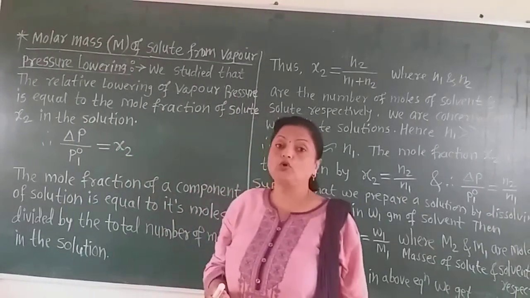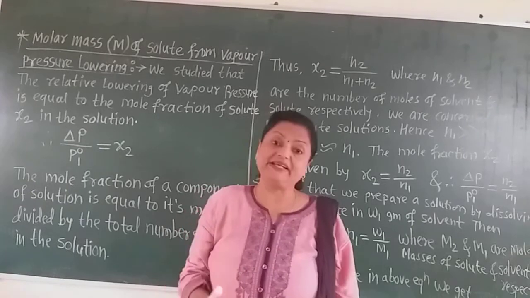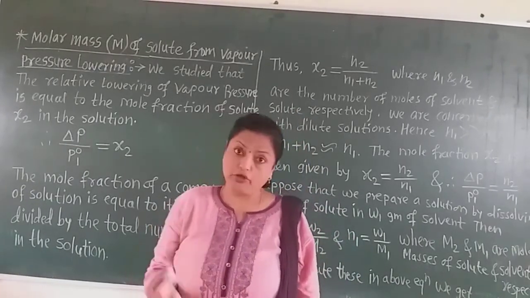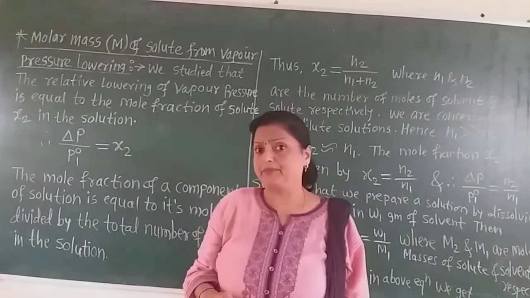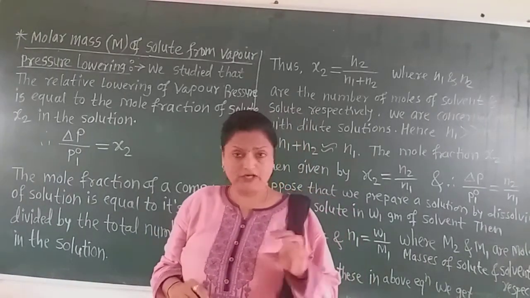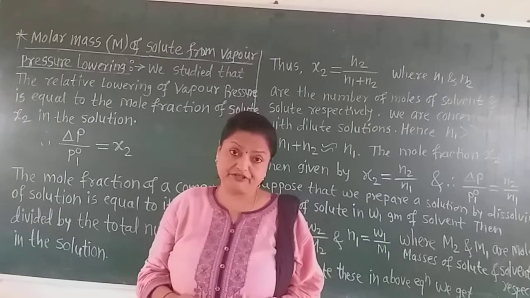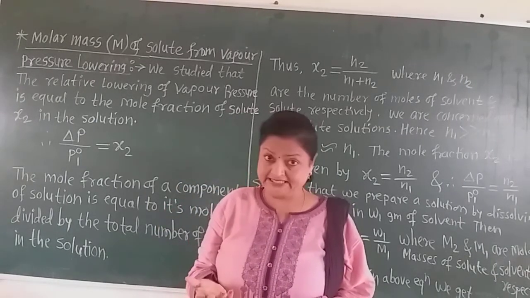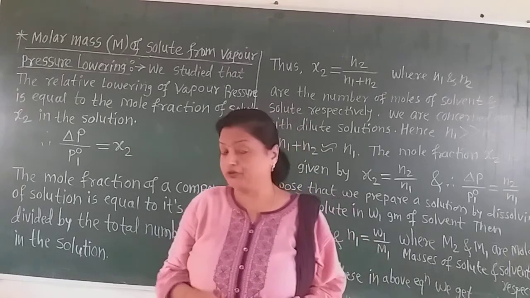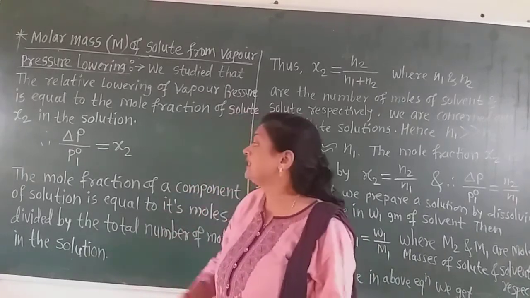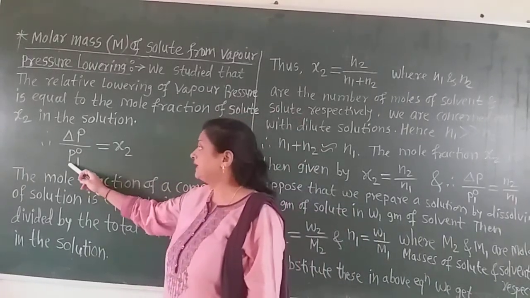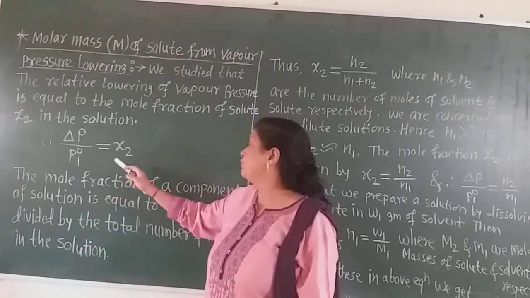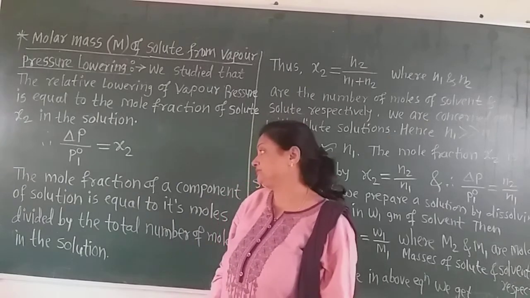The relative lowering of vapor pressure, that is delta P divided by P01, the ratio of the lowering of vapor pressure and vapor pressure of pure solvent, is equal to the mole fraction of the solute, from the last lecture. That is, delta P divided by P01 is equal to X2, where X2 is the mole fraction of the solute.